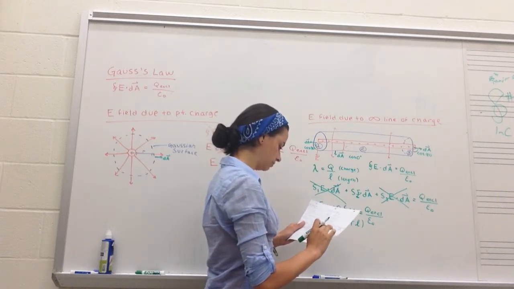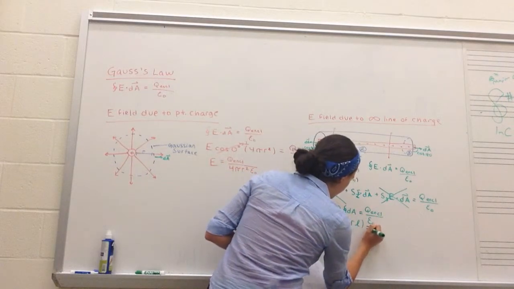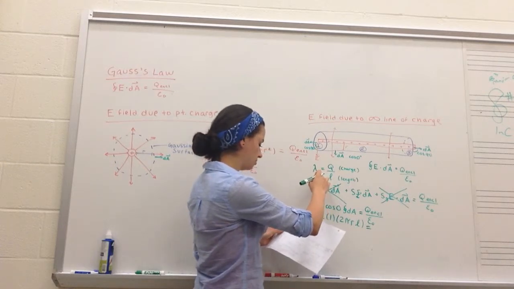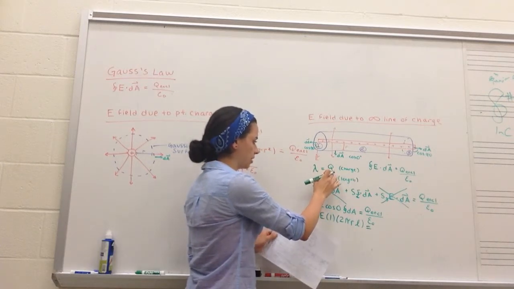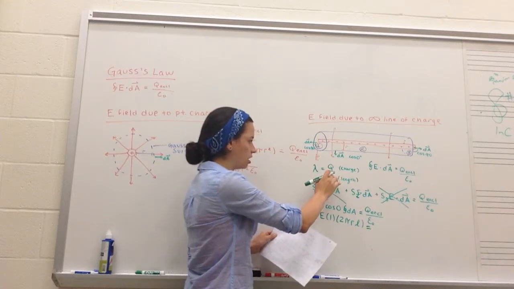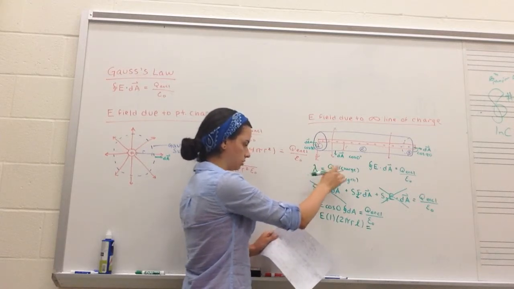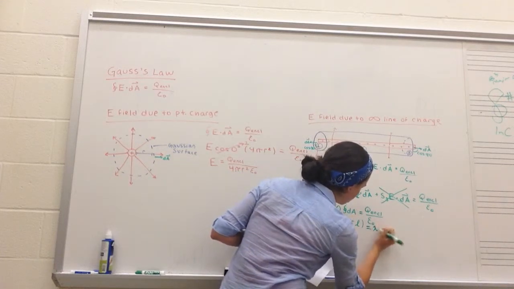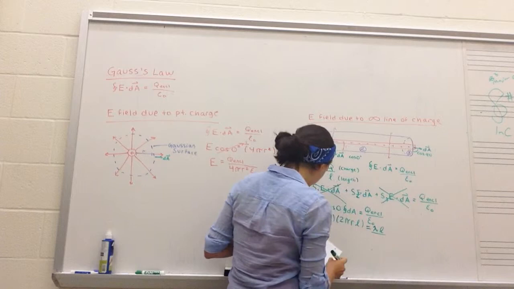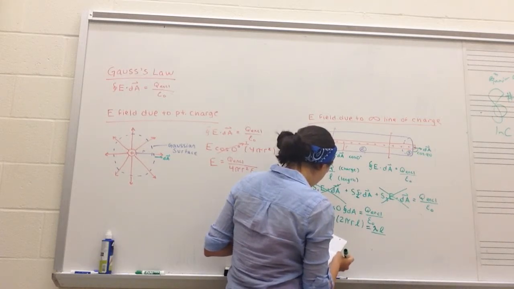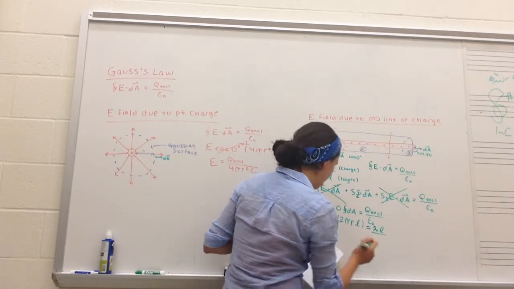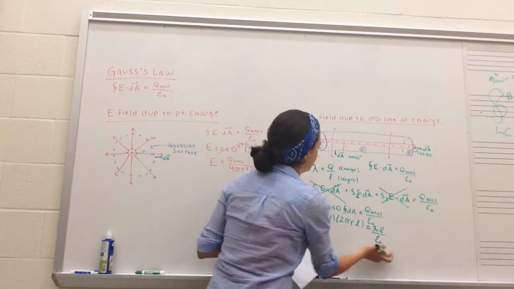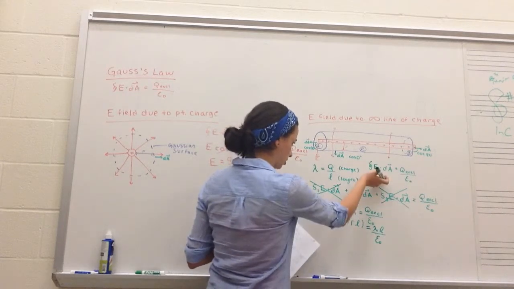And then our density formula, which we wrote here, we can manipulate so that instead of lambda equals Q over L, we have Q equals lambda times L. Just multiply those two together. And so we can rewrite the enclosed charge term as lambda L over epsilon naught. And so this is just another way of rewriting the original Gauss's law.